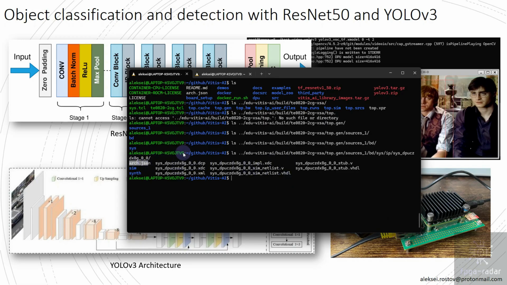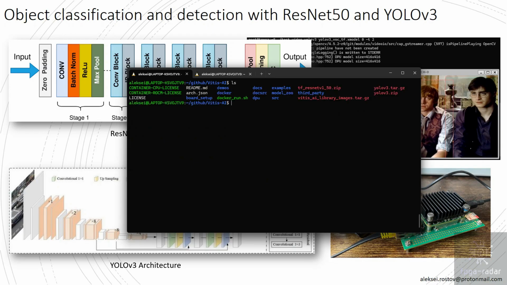I just copied this file from here directly into the folder where I downloaded the Vitis AI repository. I will need this file in order to recompile the quantized model for my target.